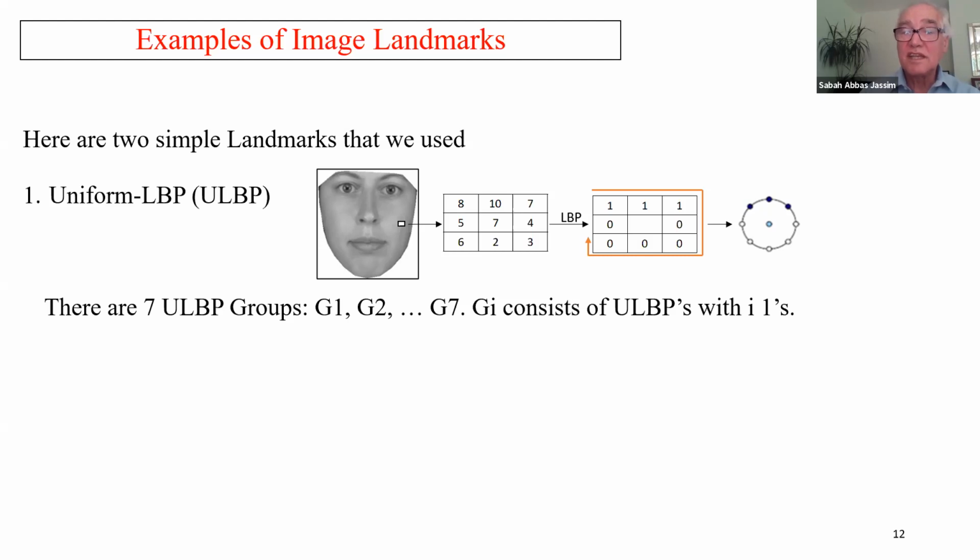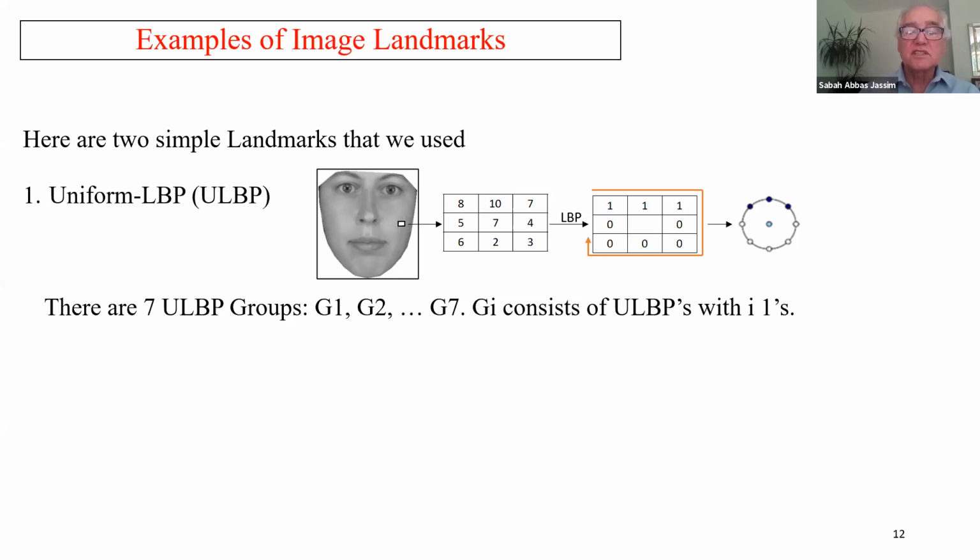You can then turn that into another byte. So here, 8 is bigger than 7, so we put 1 here, then 10 is bigger, and the rest are smaller. So this can be represented like a ring, a circular binary string with 3 ones on it and the rest zeros.